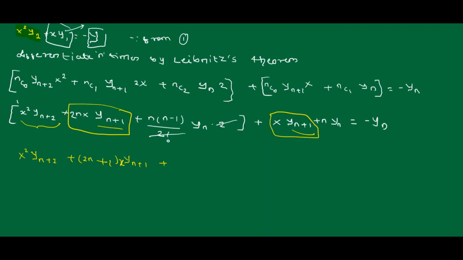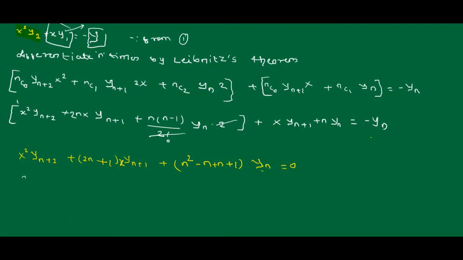Now collect the terms containing yn. The remaining terms in yn are n into n minus 1. If you take yn outside, here we are left with n into n is n square, and n into minus 1 is minus n. Similarly here we are left with plus n. Yn is common. Transpose this minus yn to the left hand side, and you will get plus yn. If you take yn common, we are left with plus 1, and the right hand side is 0.